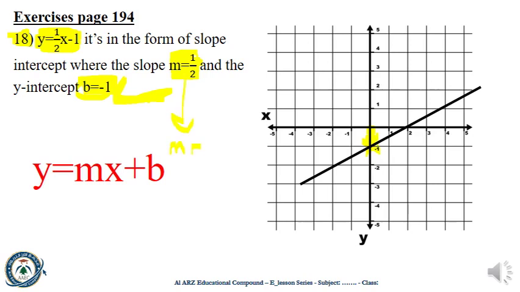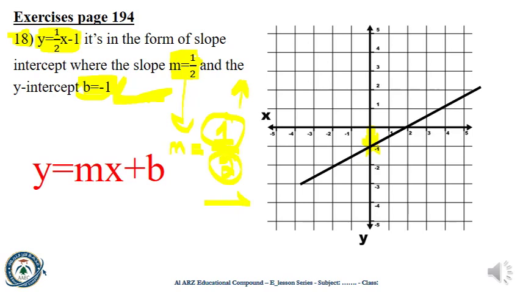Then I look at the slope. m is equal to 1/2. And as I said, you always look at the slope as a fraction, and in this case it's already a fraction, so it's easier for us. 1 refers to the number of steps on the y-axis. I'm going upwards because it's positive.